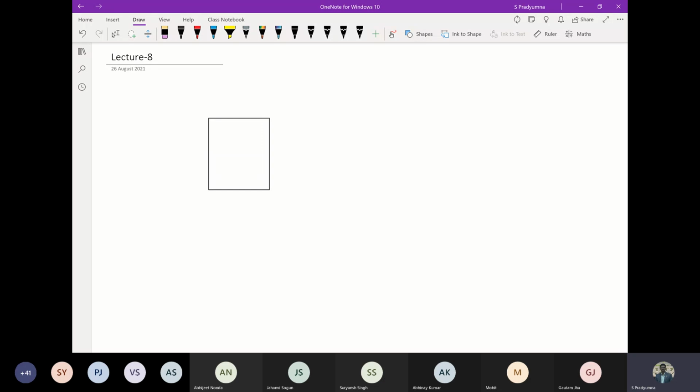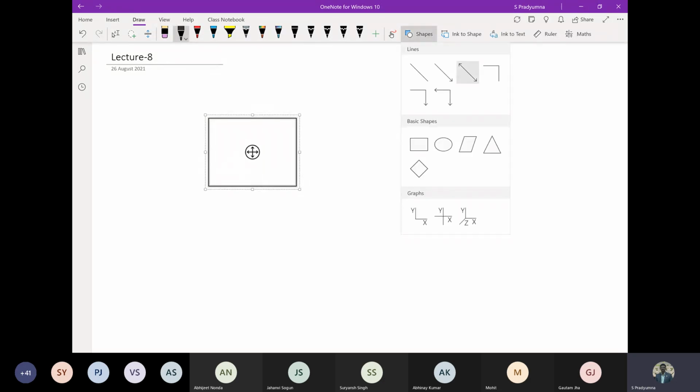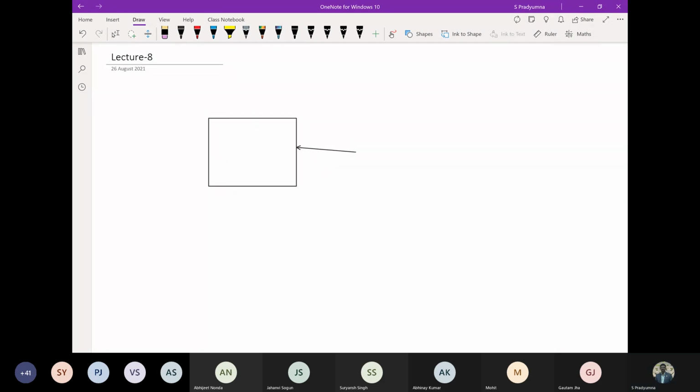I have a plane stress element like this, which is subjected to sigma x equal to 64 megapascal, sigma y equal to 32.